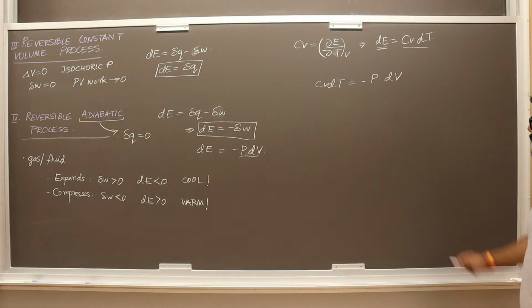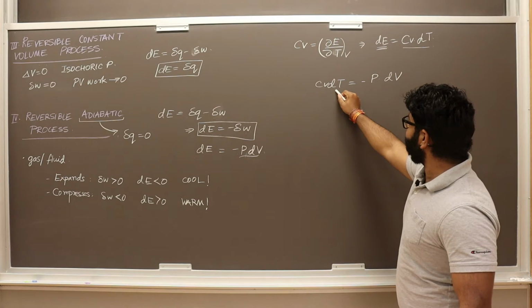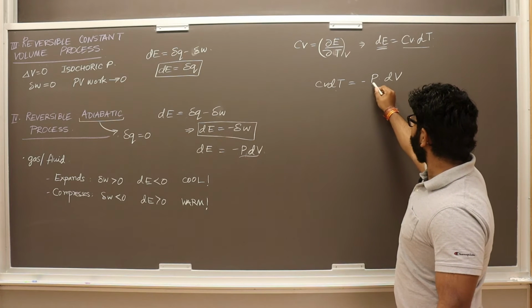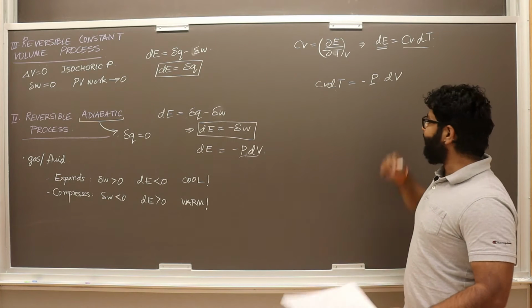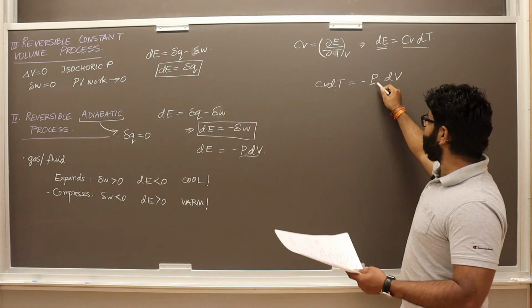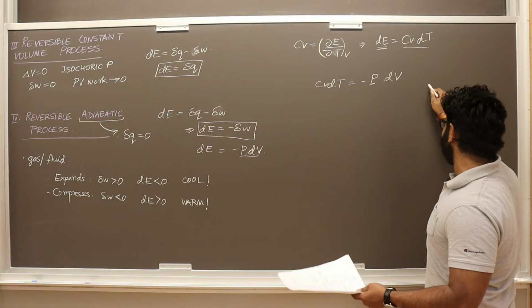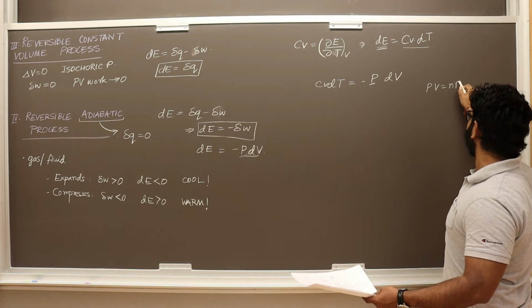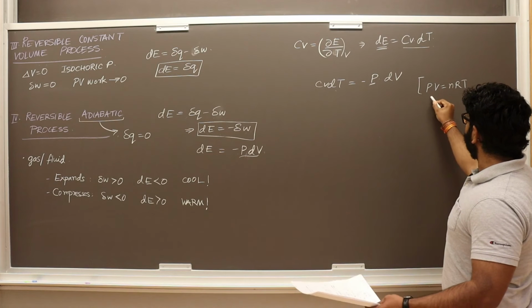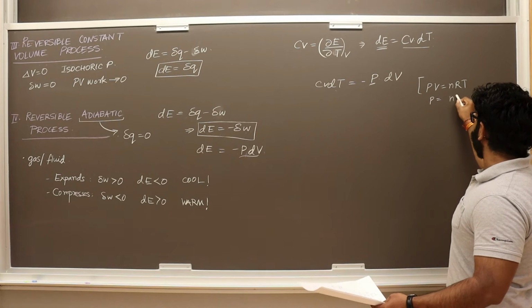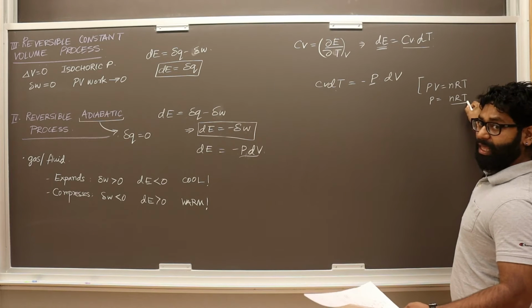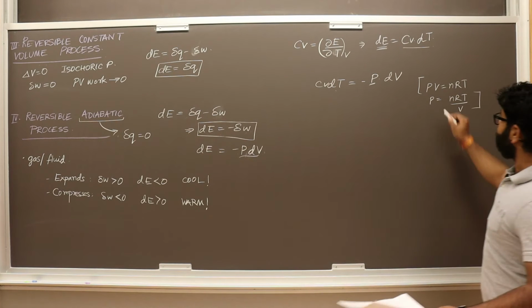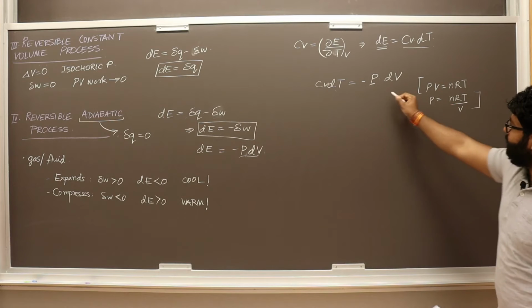Now again, there is this dT in here, and there is this P. So we want to remove this P and get in more terms like V. We know that PV is equal to nRT. So pressure is nRT by V. Okay? So we'll substitute the value of P in here.